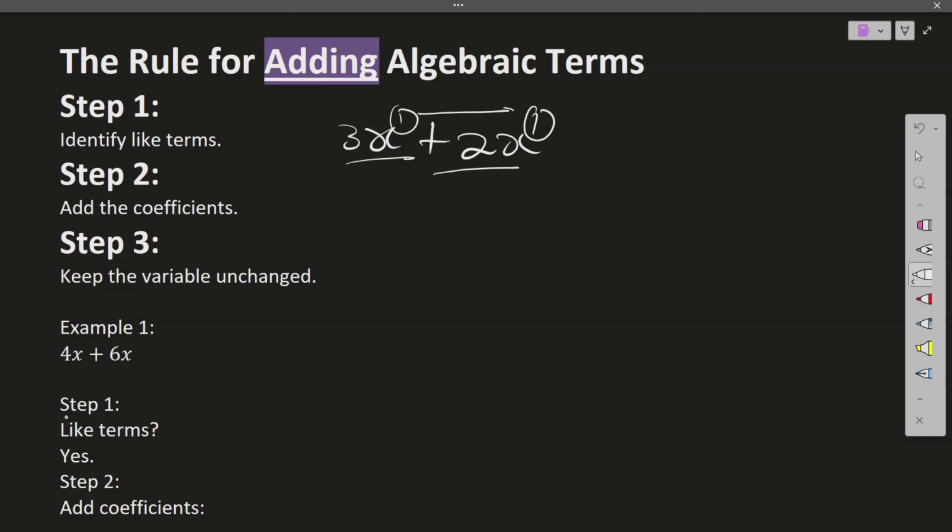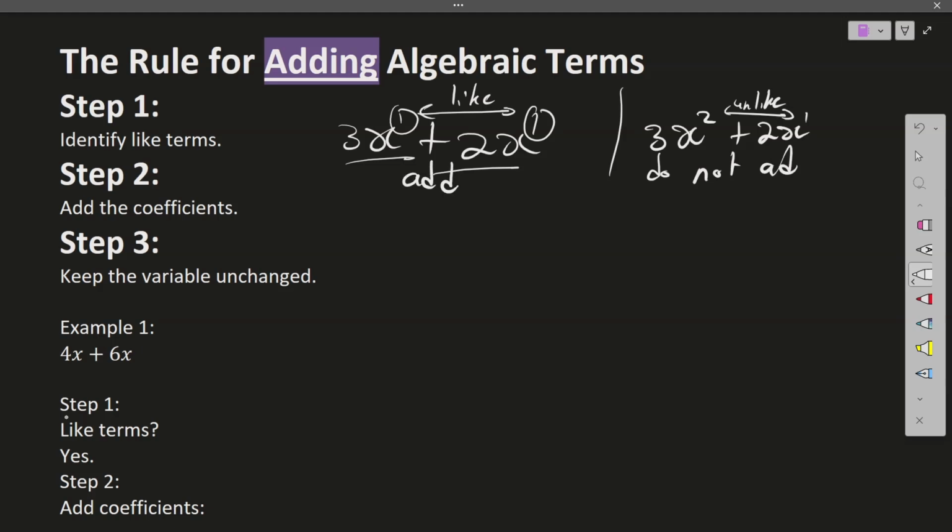And if they are unlike, you would have 3x squared plus 2x. This is unlike. They do not add. And here they add. Do not add.